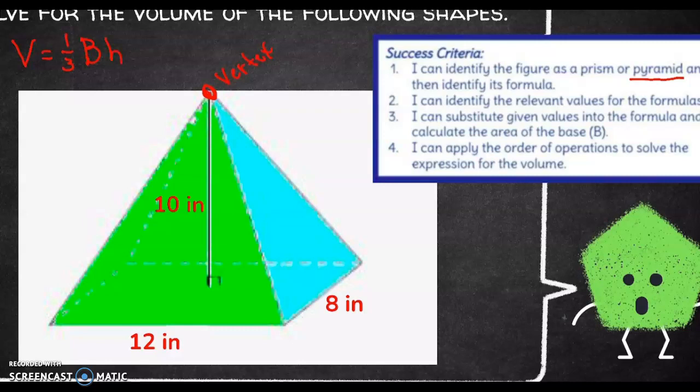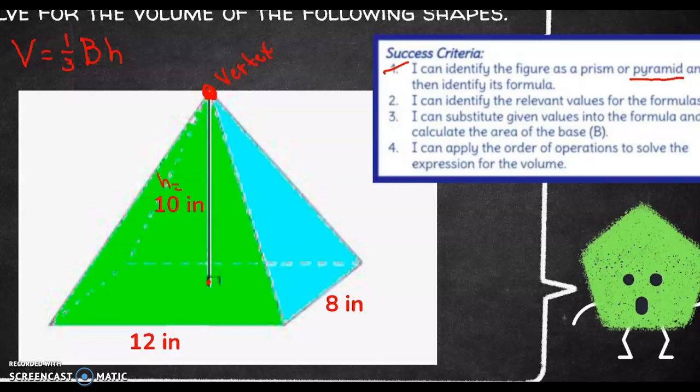Okay, and then looking at the shape, I can identify relevant values for the formula, which is number 2. Well, if I look at 10 inches, I know that 10 is from the bottom of the base all the way up to the vertex. So that's got to be the height, which is h.